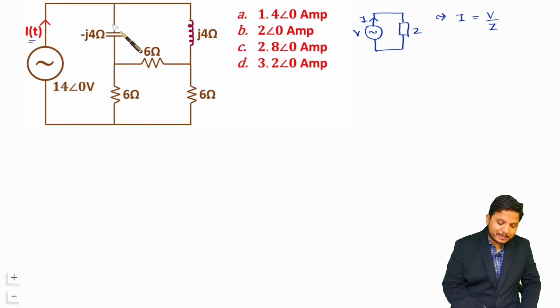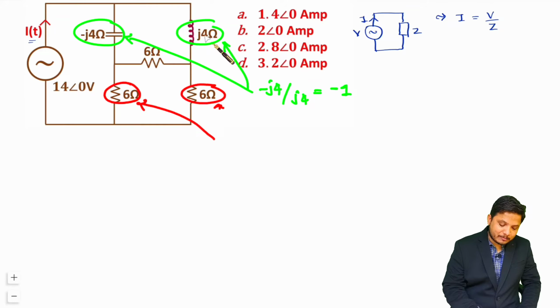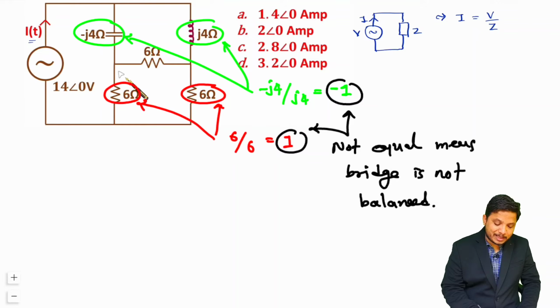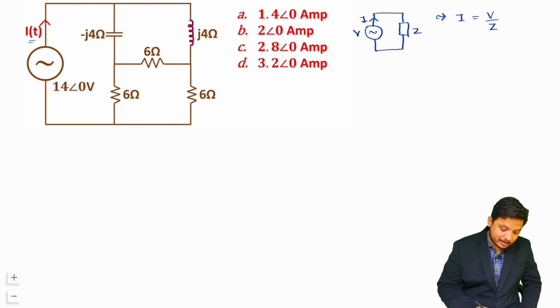So we cannot balance this bridge, as this element divided by this element, that will be minus 1, should be equal to this element divided by this element. So minus 1 cannot be equal to plus 1, meaning this is not in balance condition. So how to identify the equivalent impedance of this?